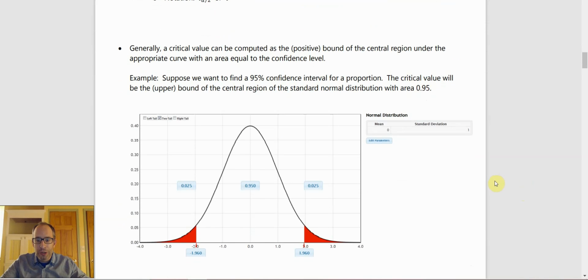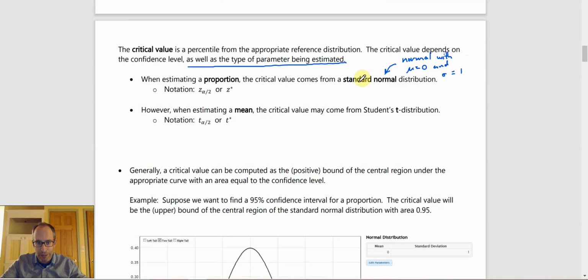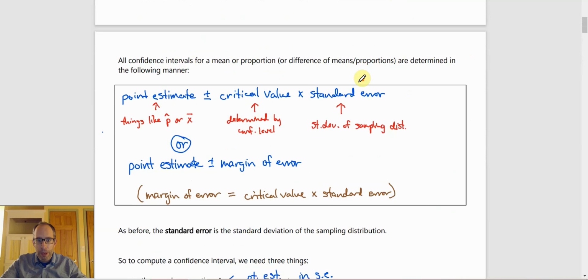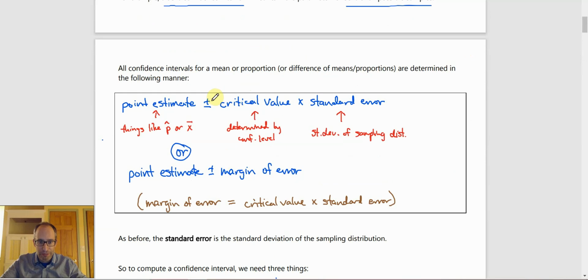So we're going to do things like this. The way you can get a critical value, you can figure it out as the positive. It doesn't have to be the positive bound, because the way the confidence interval formula is set up, if I scroll back up for a second, notice how it's got a plus or minus.